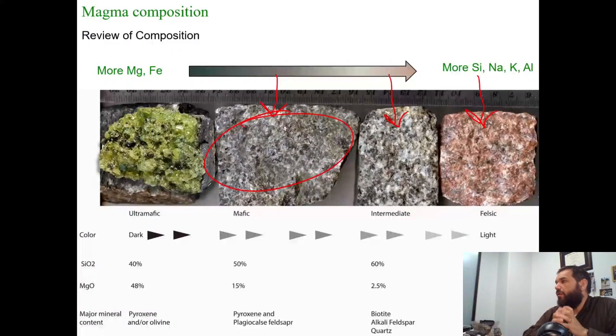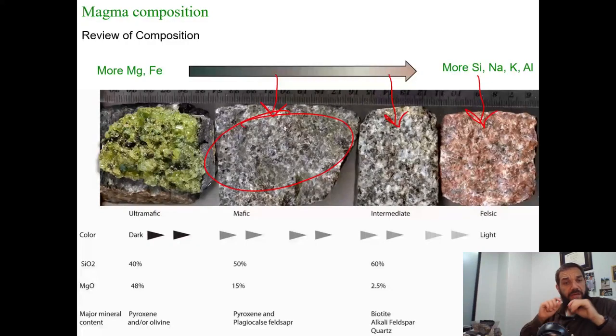Just to summarize, minerals that are common in mafic rocks are mostly pyroxene and plagioclase feldspar. Intermediate rocks are mostly feldspar, almost like 90% feldspar, both potassium feldspar and plagioclase feldspar, but there are other things like mica, amphibole and pyroxene in them as well.